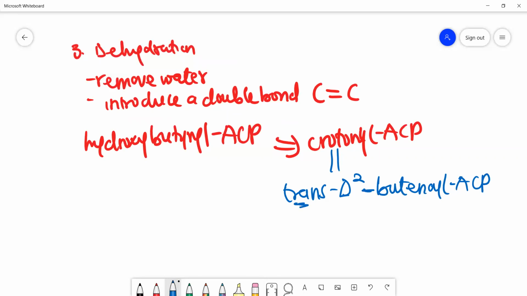Yes, trans represents the geometric isomer, and the delta 2 is given as the position of the double bond. We made mention of the fact that it is a carbon-carbon double bond that will be introduced. Okay.